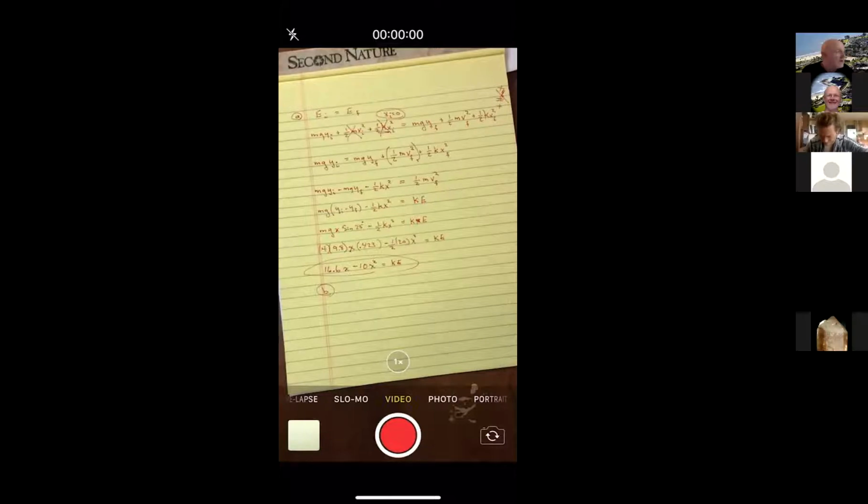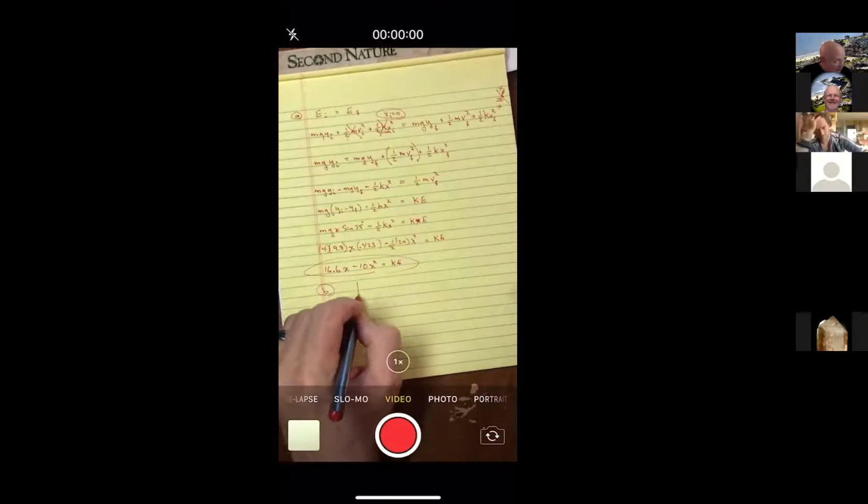Now, extending this to part B, it says calculate the maximum kinetic energy of the block as it slides down and express your answer as a number of joules. A couple ways we can do this. The first thing that pops into my mind is really more calculus.